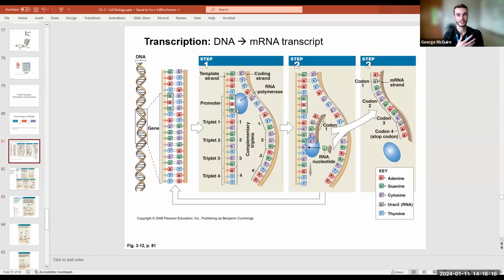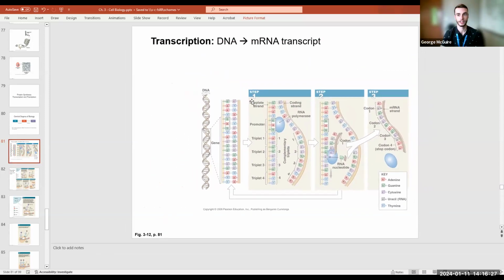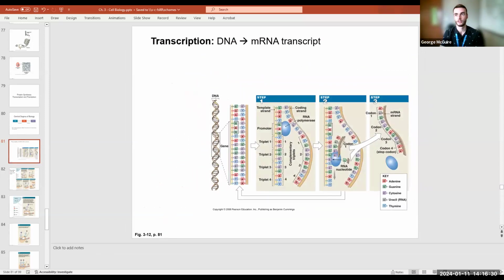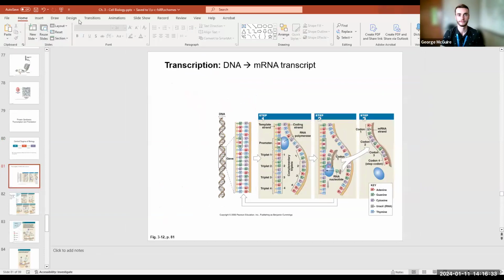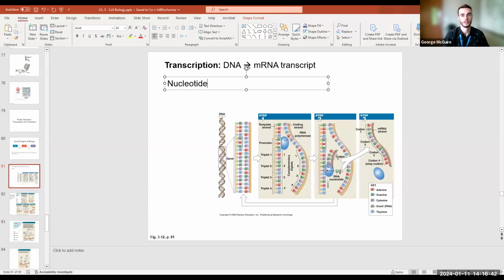So we talked about nucleic acids and the different types of nucleotides in our last chapter. And so essentially within DNA, we have 4 nucleotides, A, T, C, and G. And then for RNA, we just have 1 nucleotide difference.